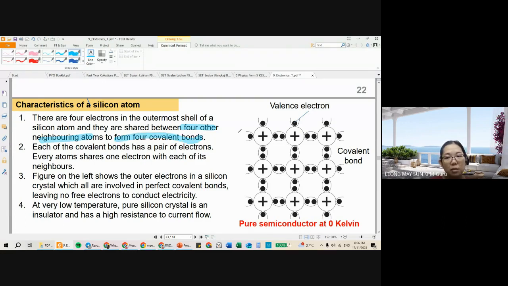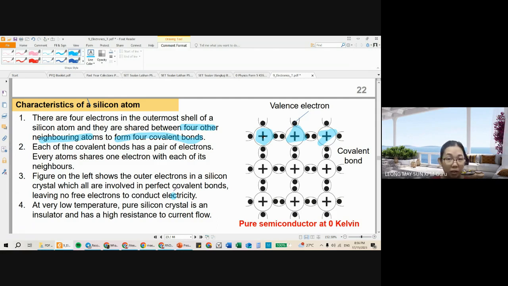So all these are silicon atoms, and they have 4 valence electrons, and they share the electrons with 4 other silicon atoms as well. What you see is that the outer electrons in the silicon crystal are involved in perfect covalent bonds, leaving no free electrons to conduct electricity.